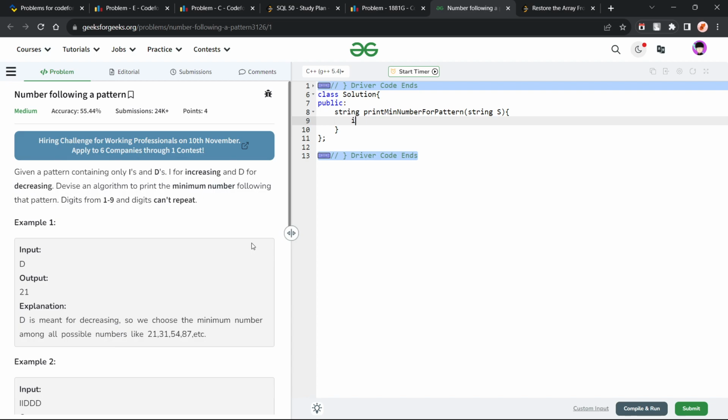So I can find the size of the string. Let me change this to S. This is going to be index less than n, while I is less than n.